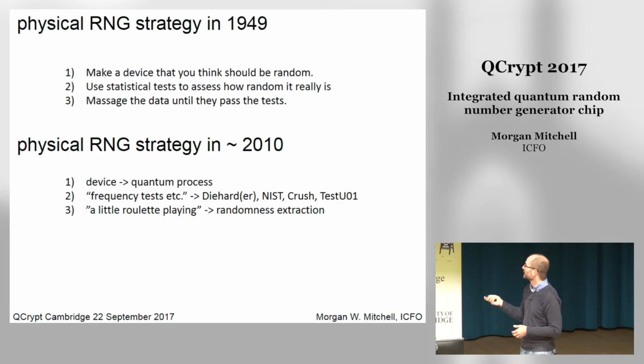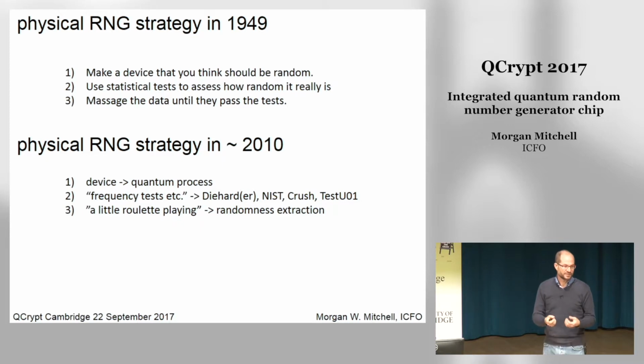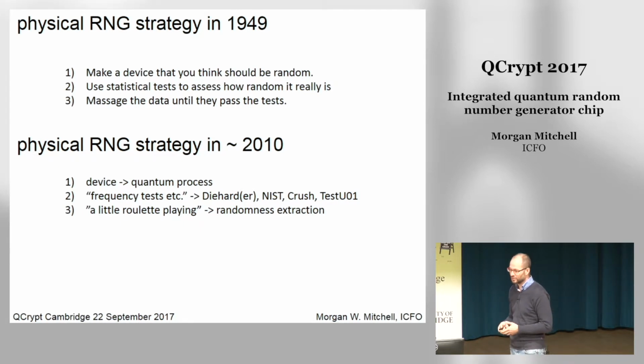What hasn't changed very much is that frequency tests, et cetera, have been replaced by stronger statistical tests. The methodology there has not changed. We're still applying statistical tests in order to know whether the devices work. And I think it's pretty well known in this community that there are random number generators that seem to do a good job and still fail these tests.